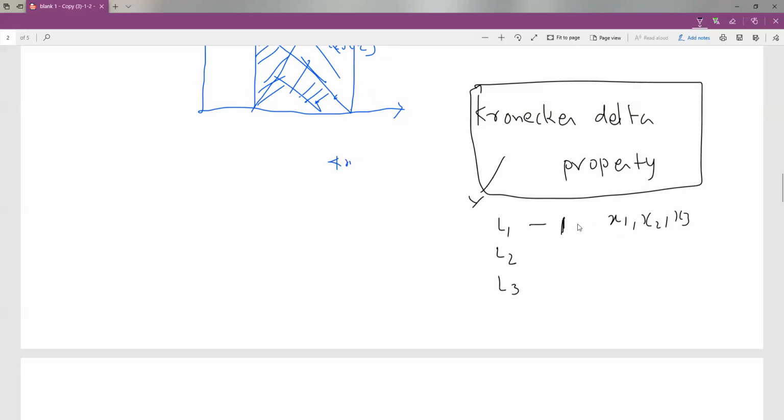Unit value at x equal to x1 and 0 value at the other nodes. So if you evaluate L1 at x1, it should give you unit value. If you evaluate L1 at x2 and x3, it should give you 0 value.